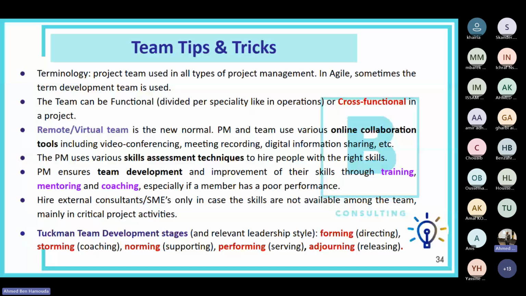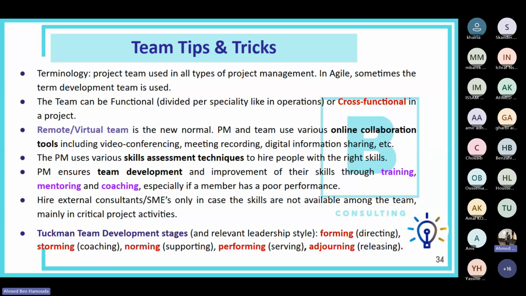In PMI's mindset in the exam, you will have several questions about remote teams, people who work remotely, maybe on different continents, in different countries, different cities, and you will be in different situations in the exam in order to find the best solution for how to deal with these teams, whether it's a matter of cultural diversity, or a matter of cooperation, collaboration, information sharing, or, for example, checking progress.